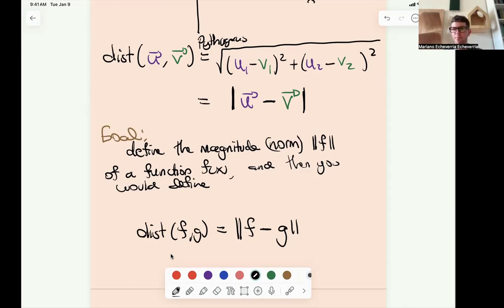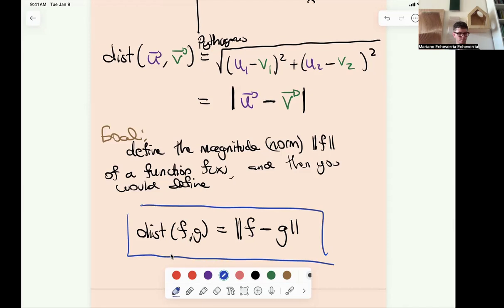So that's the main strategy that you want to follow. Is that making sense? Are there any questions up to this point?